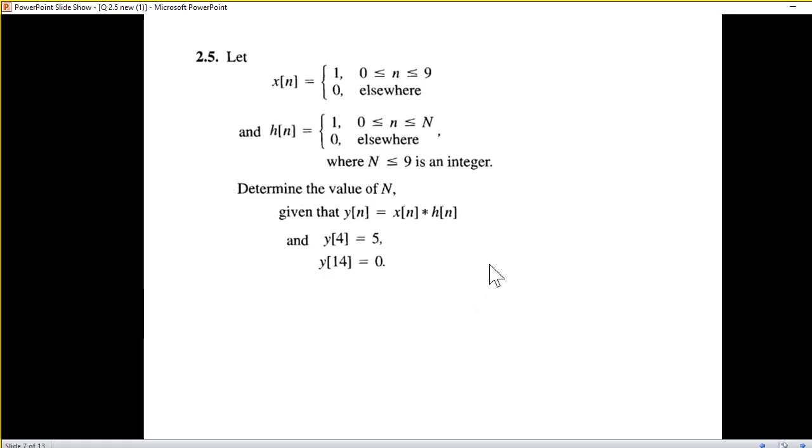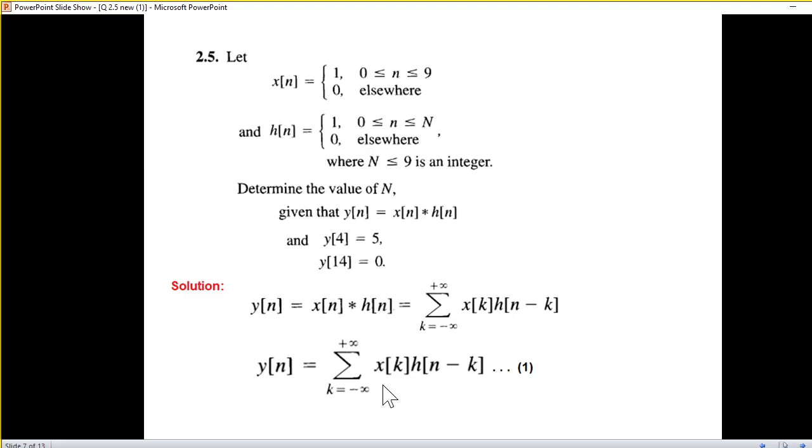Okay, now we come to the question. And this is the formula of convolution. I hope you remember this. So instead of writing this all the time, we'll simply write this equation. This we'll call our equation number 1.